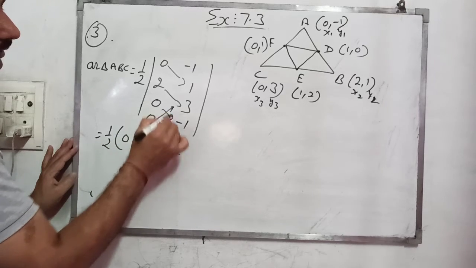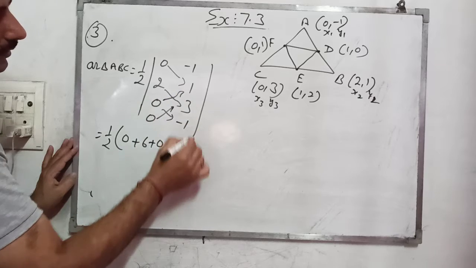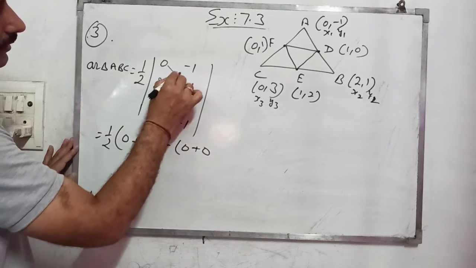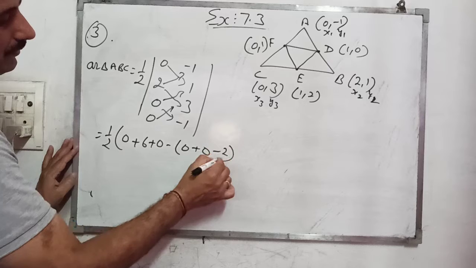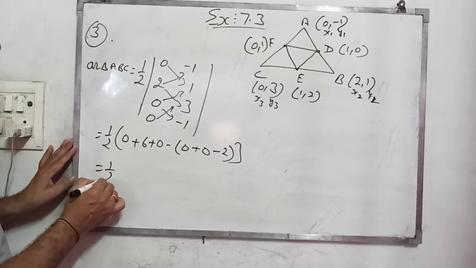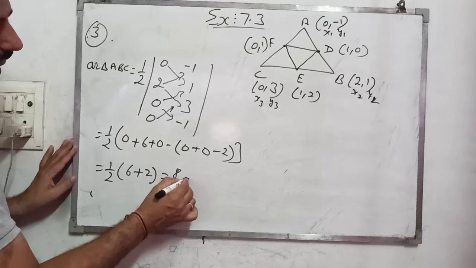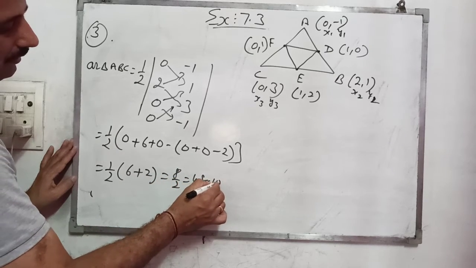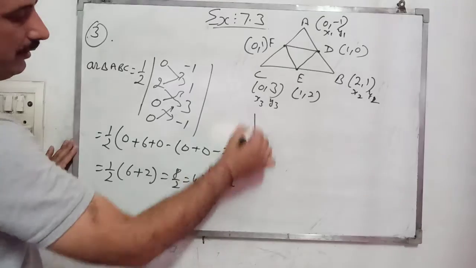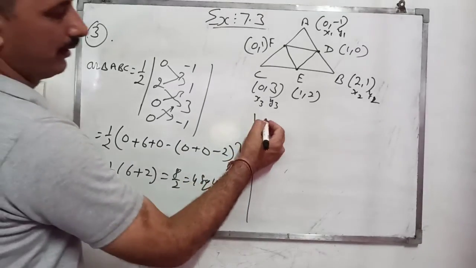Then with the negative sign we use 0 plus 0 minus 2. So you get 1 upon 2 times (6 plus 2), that is 8 upon 2, you get 4 square unit, right?